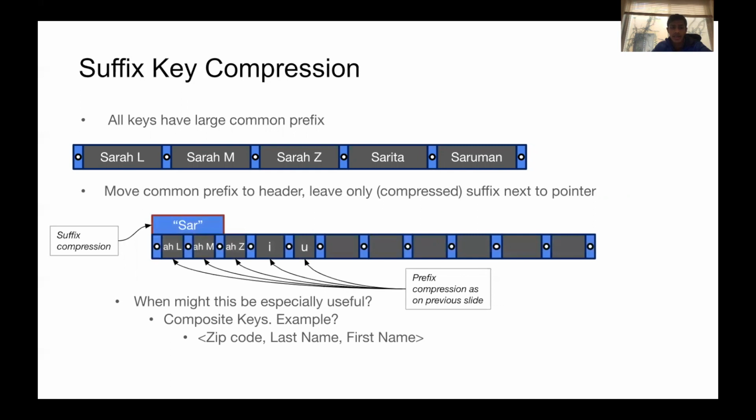You can move that to the header, and you can see clearly we've saved ourselves a lot of space because we moved away the SAR. Each of these entries now takes up far less space in a node because we moved the common prefix to a header.